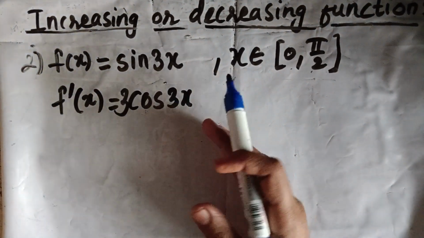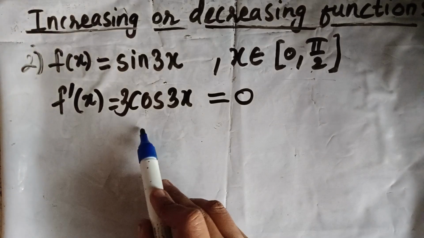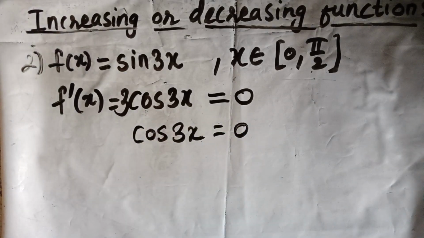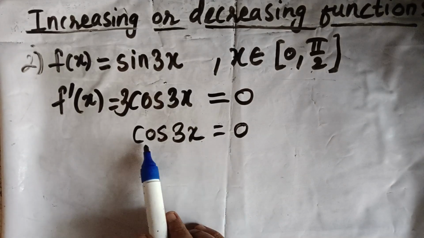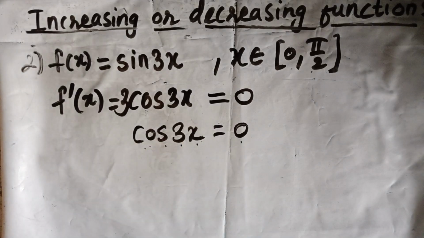Next, we have to put this equal to 0. So cos 3x is equal to 0. Now at which angles does cos 3x become equal to 0?